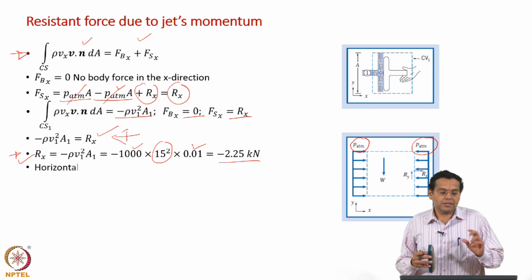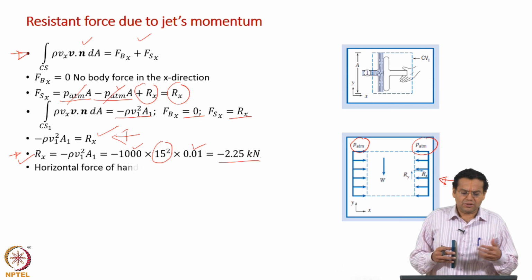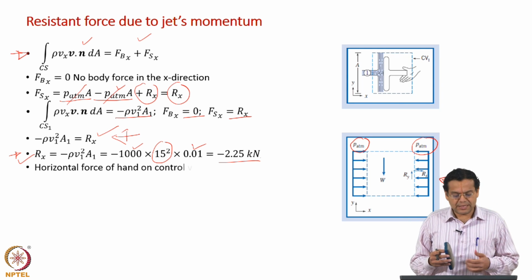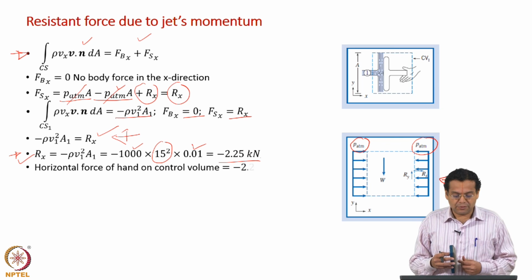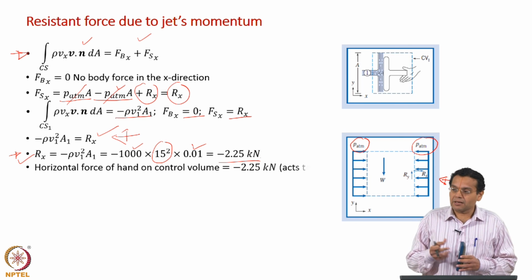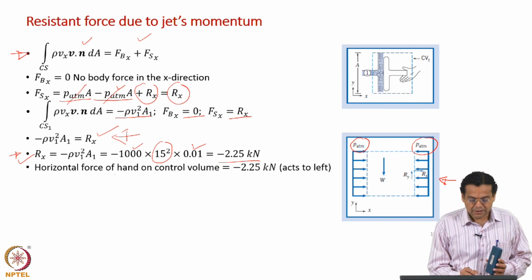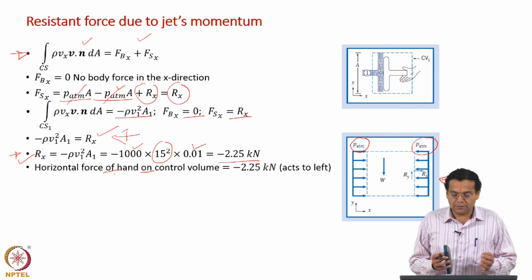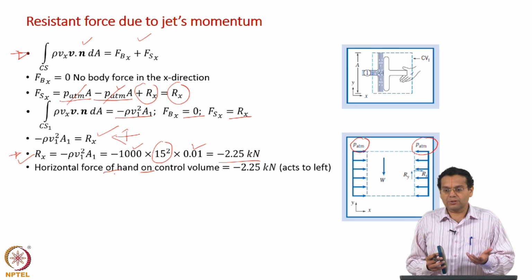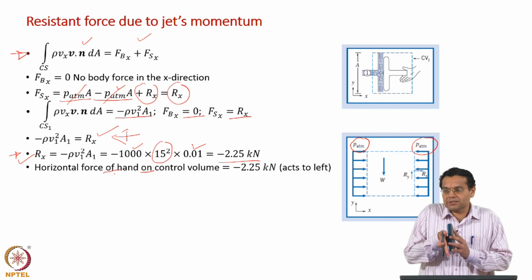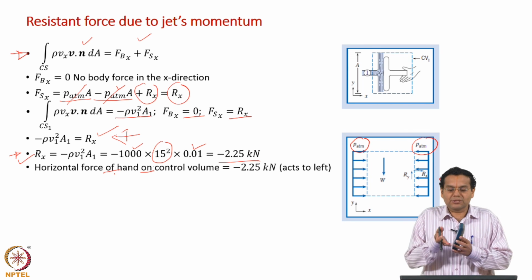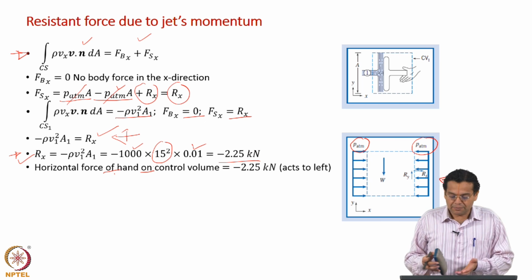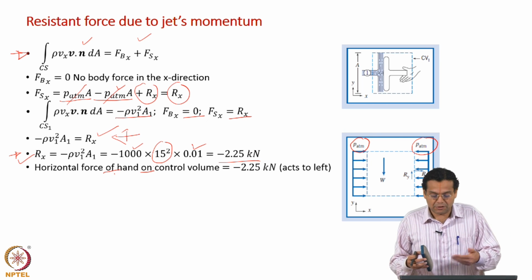So, the horizontal force, or to be more precise, the horizontal component of the force of our hand on the control volume, every word here is important, is equal to minus 2.25, which means that it acts towards the left. Every time it is good to check with our physical intuition also, sometimes we may get confused about the negative or positive sign.